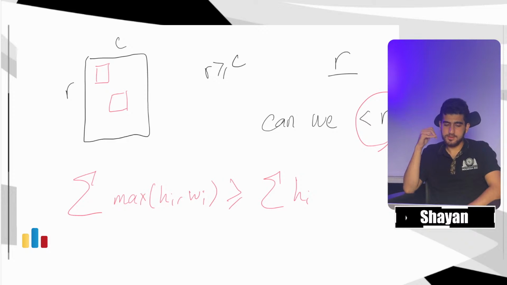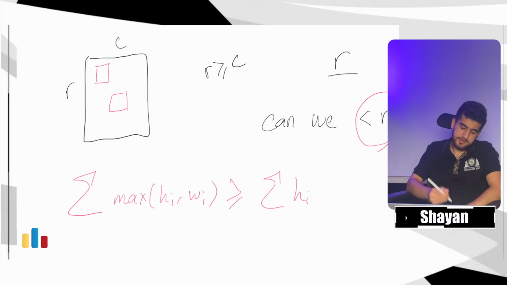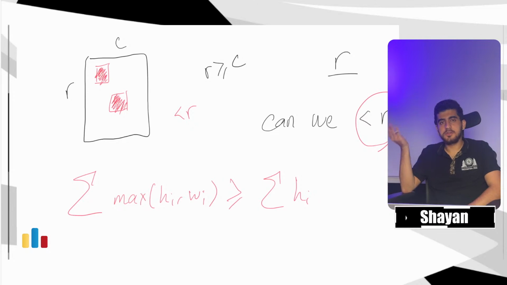Do you agree with this? What I'm saying is that if the sum of these costs is less than r, it means that the sum of the maximum of hi and wi for these is less than r. Therefore, the sum of hi is also less than r.